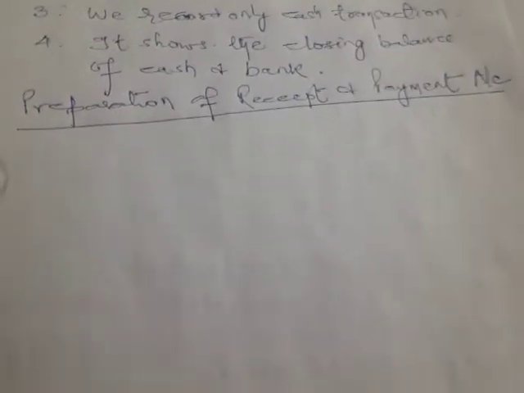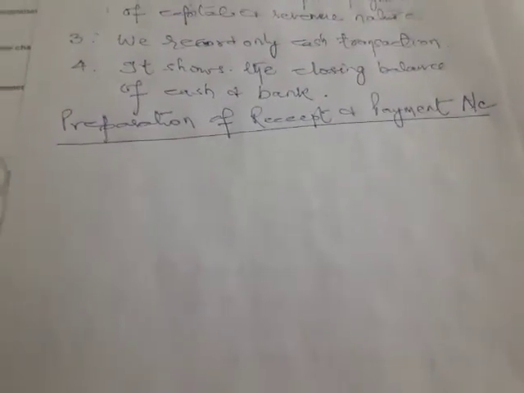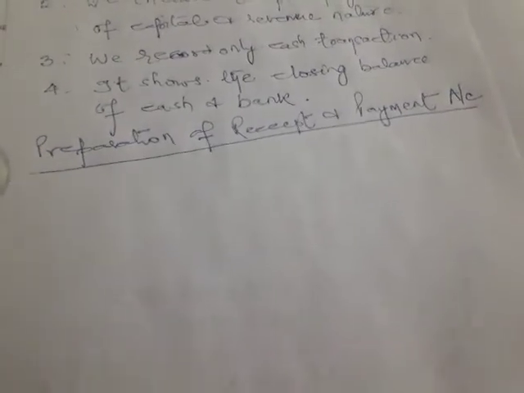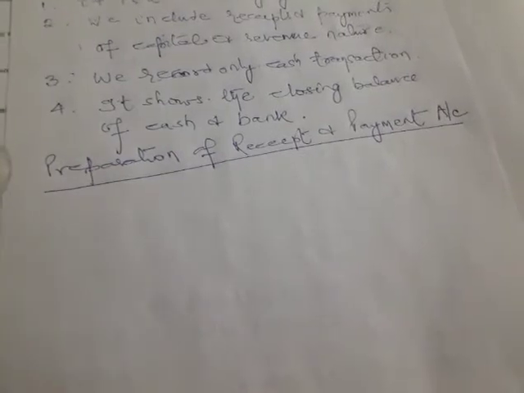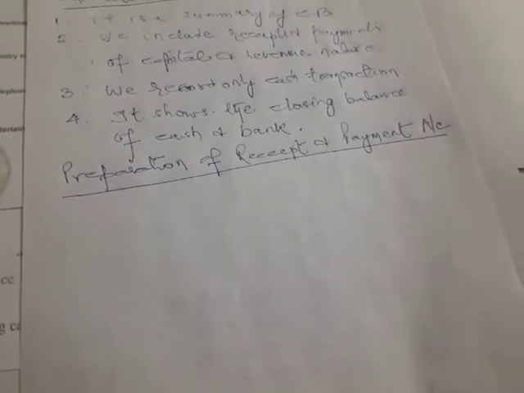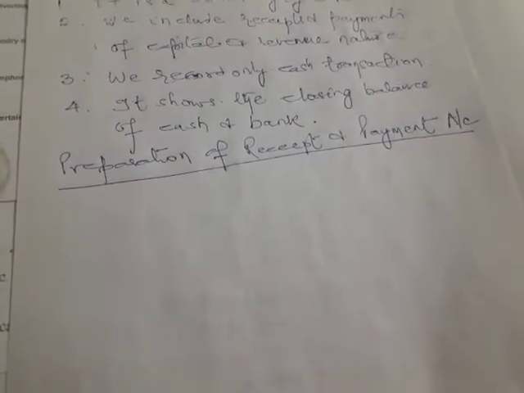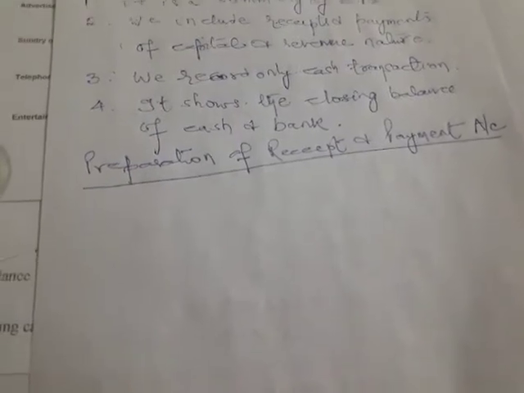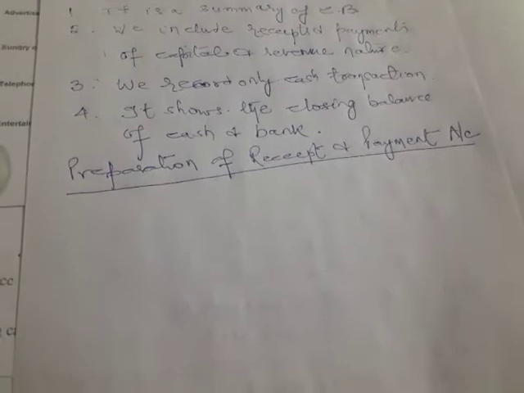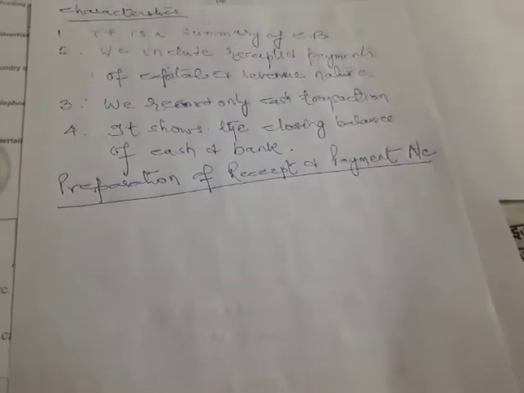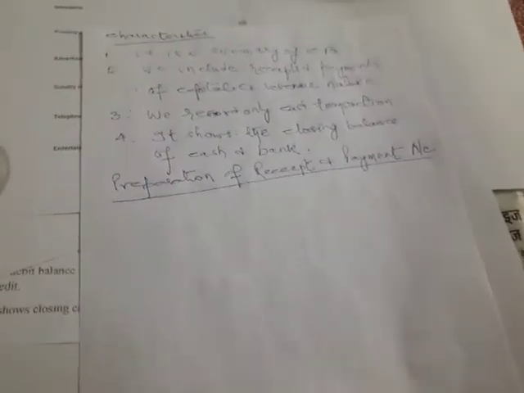Now, the preparation of receipt and payment account. How it is prepared. We will draft an imaginary pro forma of receipt and payment account to understand how it is prepared. This account is prepared by the non-profit organizations, clubs, schools, hospitals.